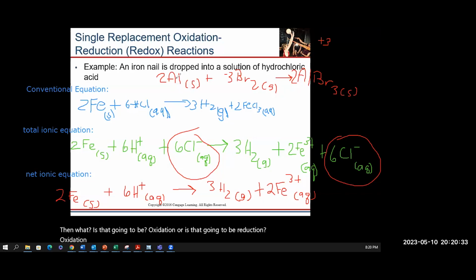Oxidation. So in this case, aluminum is being oxidized, and the bromine is being reduced, because it's going from a 0 to a -1. So that means it's gaining electrons. So it doesn't matter that the product is solid? Yeah, it doesn't matter that the product is solid. Okay.